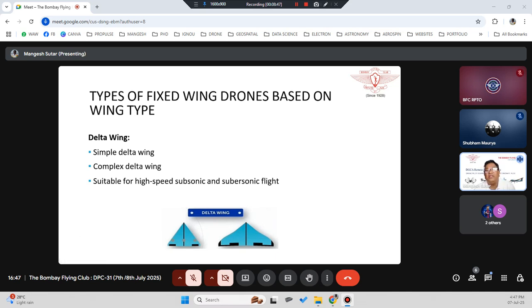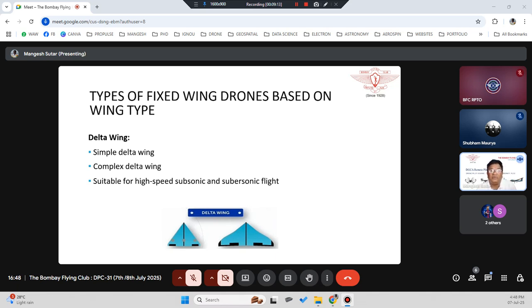If you use only the engine with vector thrusting, then you don't require wings. You will not require wings also. Like right now, you must have seen the rockets used by SpaceX or Blue Origin, or even recently Honda has done testing. They are all using vector thrusting on the engines.